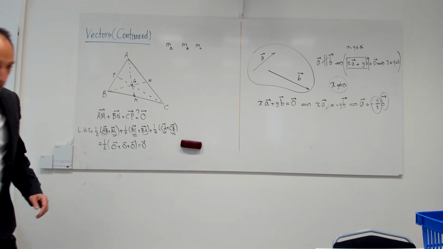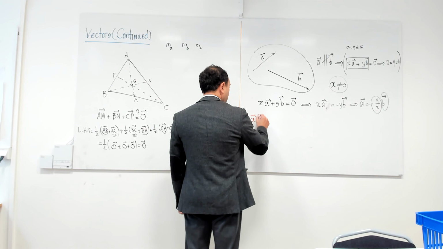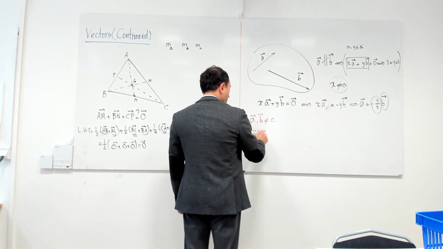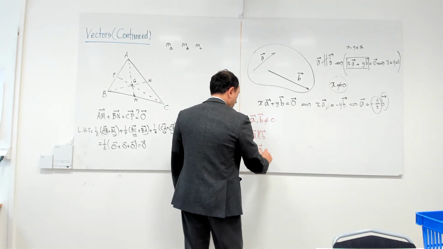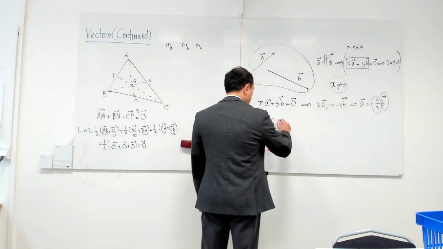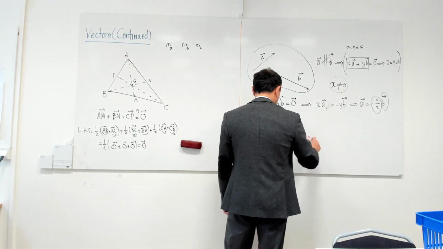Let me write it as a remark: if a is not the 0 vector, and if a is not parallel to b, and if xa plus yb is equal to the 0 vector, then from all these you can conclude that x is equal to y is equal to 0.